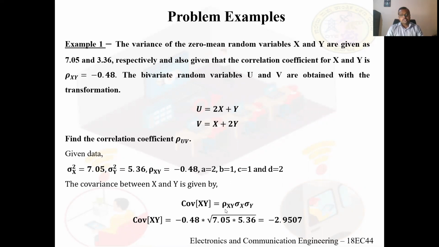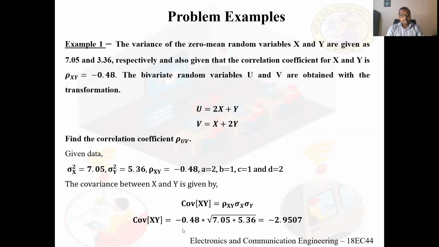We know the correlation of X and Y, rho XY, is covariance of XY divided by sigma X multiplied by sigma Y. So the covariance of XY will be rho XY multiplied by sigma X multiplied by sigma Y.